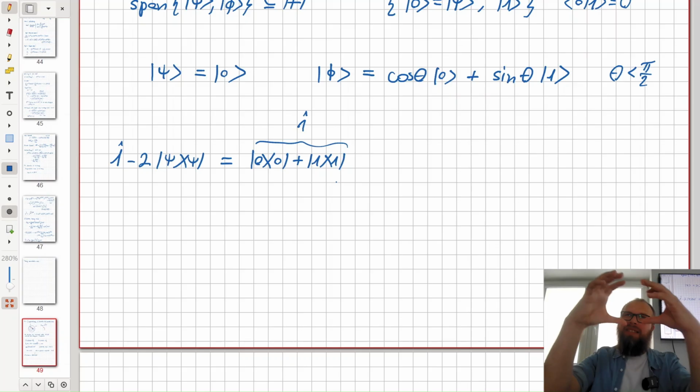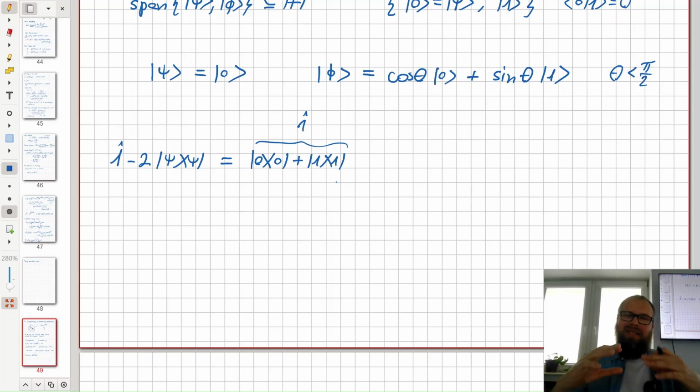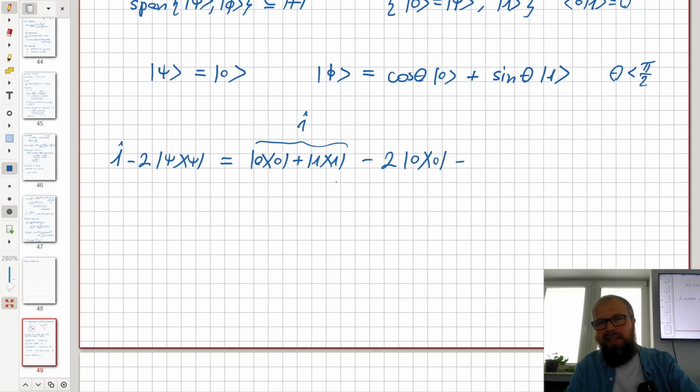Let's write the operator in this subspace, because I don't want to introduce the rest of the complement of the subspace, where it is identity. But inside the subspace, we can decompose the identity operator using the basis, so minus 2, 0, 0, right? So this turns into 1 minus 0, 0, that's correct.